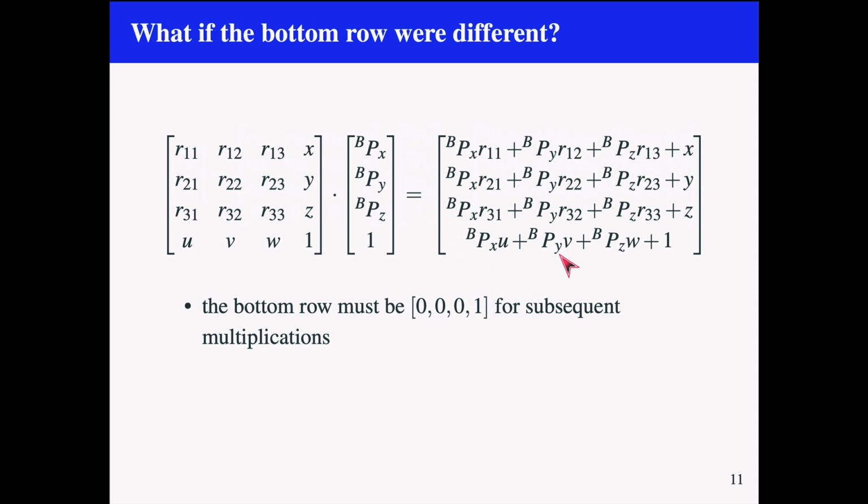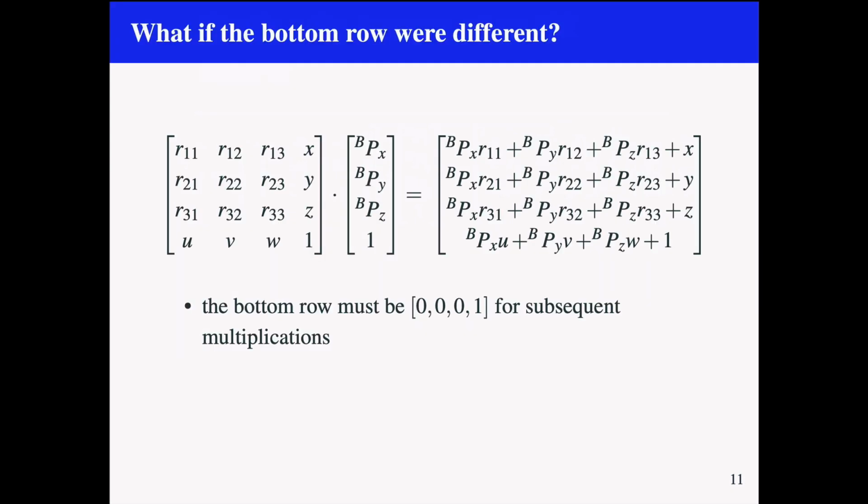And this is not what we want. Again, we want this result to just be a 1. The only way to ensure that happens is to make sure that U, V, and W are all 0, so they blank this out and leave us with just that 1 that we want to pass on so we're ready to do the next transformation.